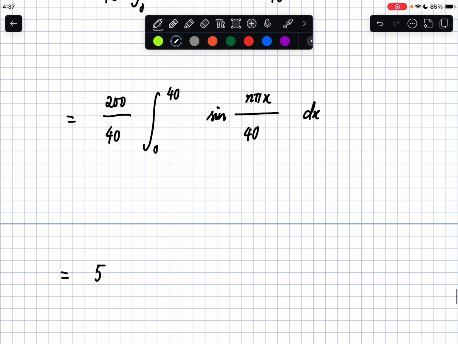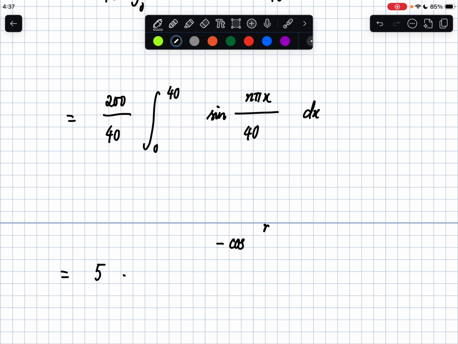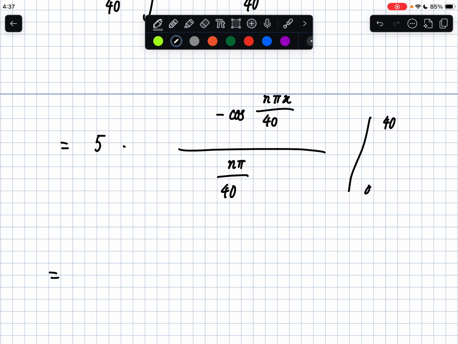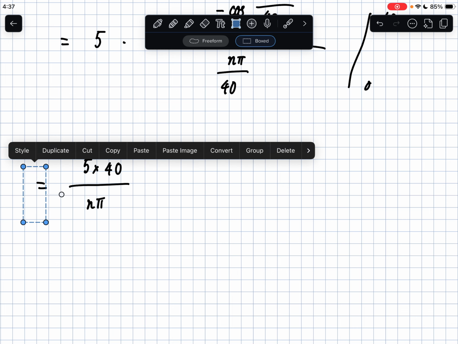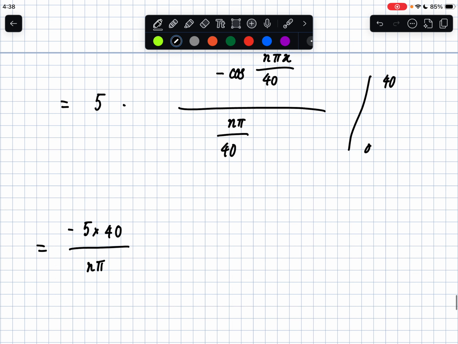5 times minus cosine n pi x over 40 divided by n pi over 40, evaluated from 0 to 40. So we have 5 multiplied by 40 over n pi, with a minus sign in front, cosine n pi times 40 over 40, minus cosine 0.